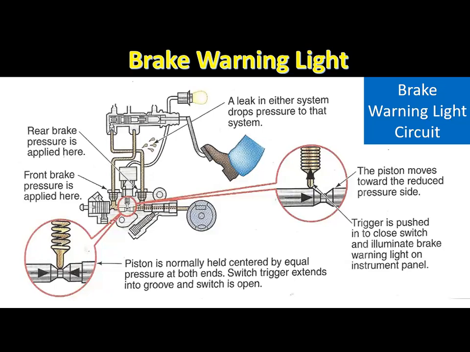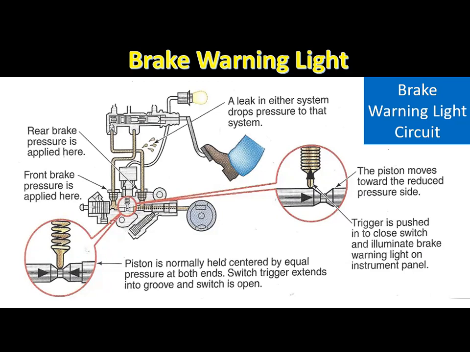The red brake warning light in the instrument panel is connected to a switch in the combination brake valve. The combination valve also contains two hydraulic valves, the metering valve and the proportioning valve. Pressure from each master cylinder piston is applied to opposite ends of the combination valve piston that operates the brake warning light.